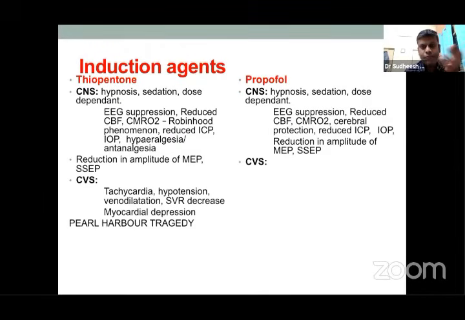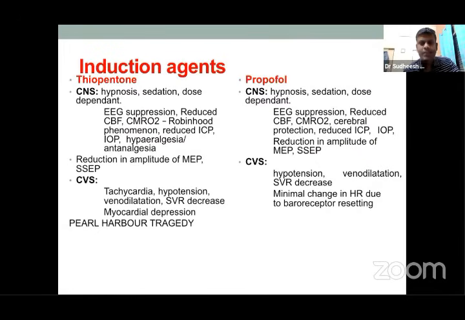So coming to propofol, it's almost as good as thiopentone in all other aspects, except that it has a more potent decrease in systemic vascular resistance when compared to thiopentone. It also has some degree of myocardial depression. And the main important thing is it causes minimal change in heart rate following hypotension, unlike thiopentone, which causes tachycardia.